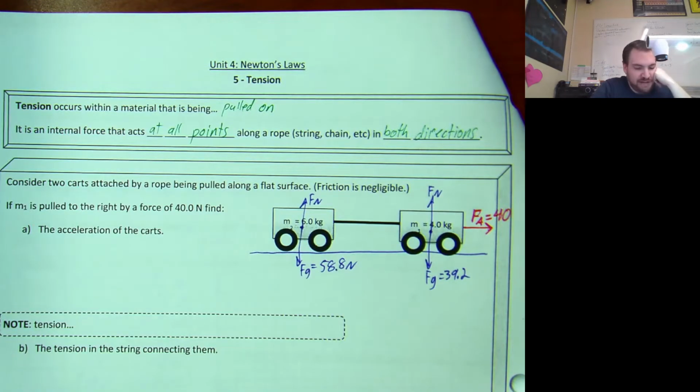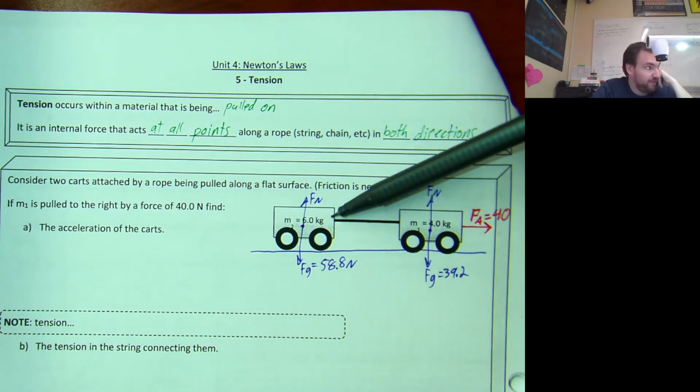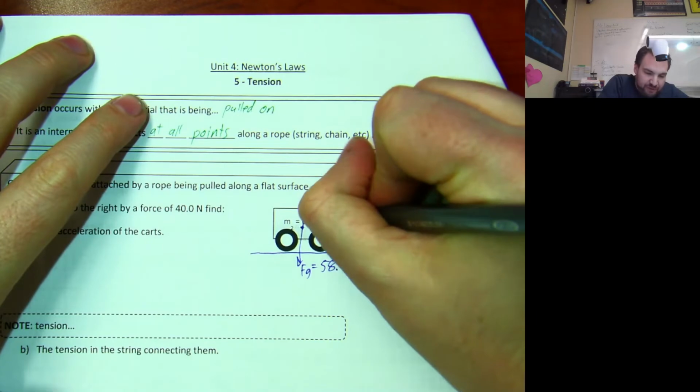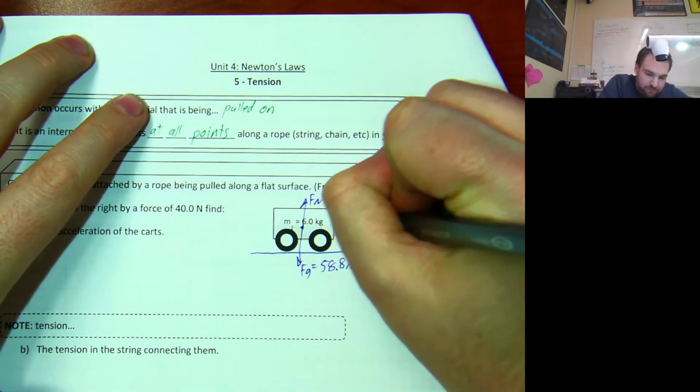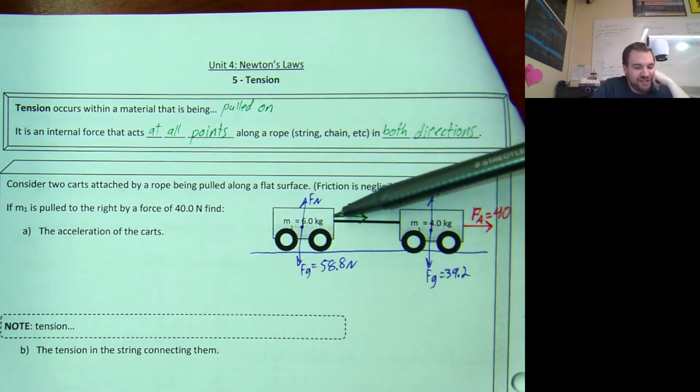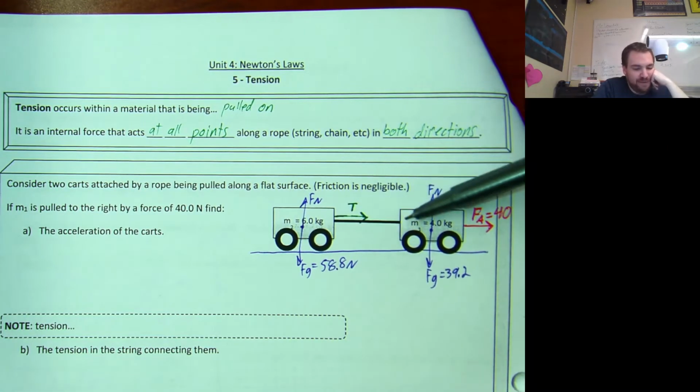What other forces are acting on these two objects? The tension, so the rope. How do we draw that on here? So this guy's being pulled by what force? This guy's being pulled by the rope. So tension has to be pulling this way. But if tension is pulling to the right here, what has to be happening to this right here?